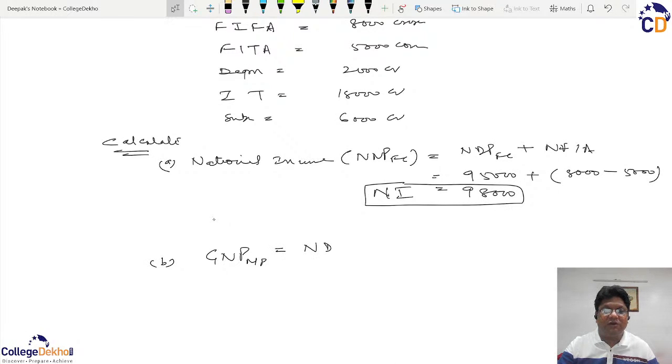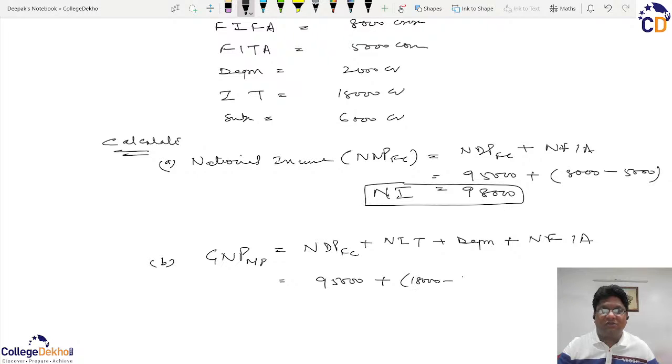But if I calculate the GNPMP from here, we will have this domestic income which will be NDPFC, add net indirect tax, depreciation, and NFIA, then we will arrive at the figure of GNPMP. So the NDPFC, that is the domestic income, in this case is 95,000. Net indirect tax is indirect tax 18,000 minus subsidy 6,000. Depreciation is 2,000 and NFIA as discussed above is 3,000.